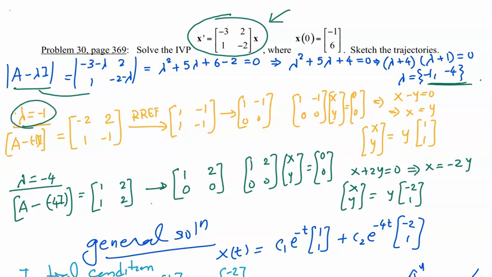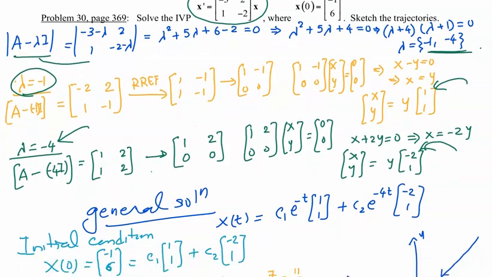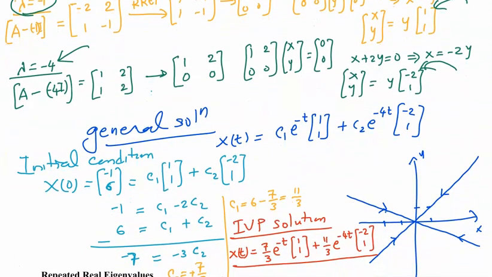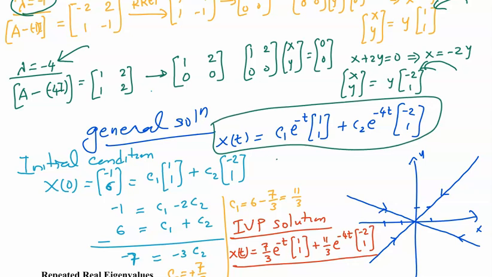When it's -1, I got my eigenvector is 1, 1. When it's -4, my eigenvector is -2, 1. So you check this one, you do your own. And then my general solution is again this one: C1, C2, e to the power of -1 and -4, those are the 2 eigenvalues, and these are the corresponding eigenvectors.